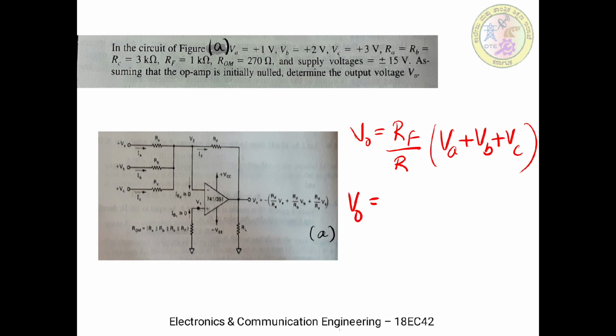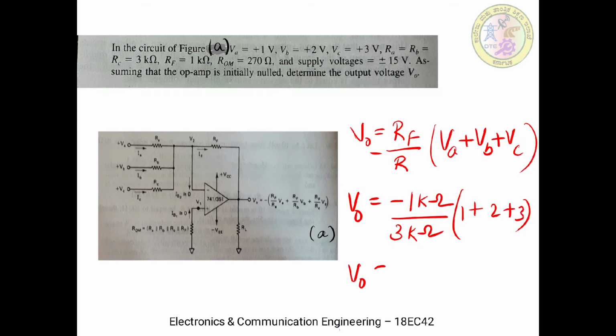So V naught will be equal to, with a minus sign as it is the inverting configuration, minus RF, given as 1 kilo ohm, divided by RA equal to RB equal to RC, which is 3 kilo ohms, multiplied by the three inputs, that is 1 plus 2 plus 3 volts.